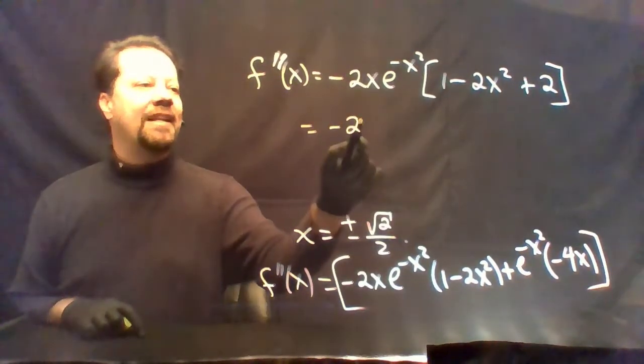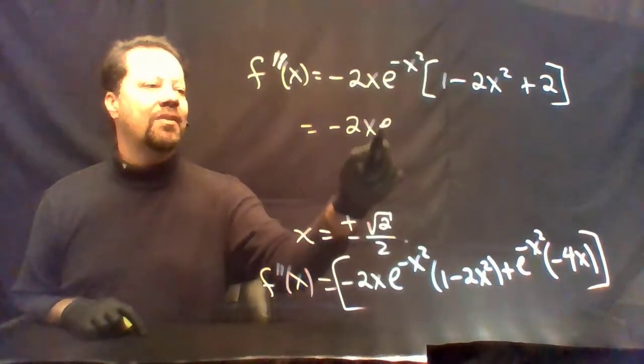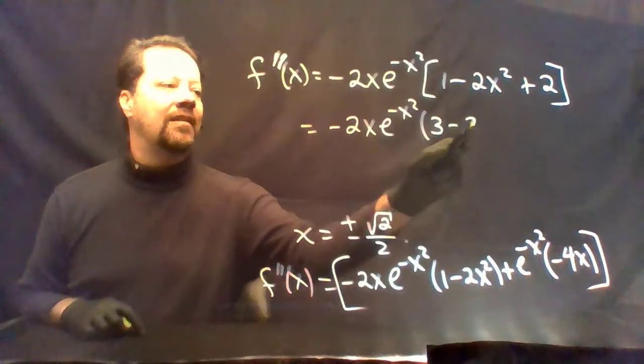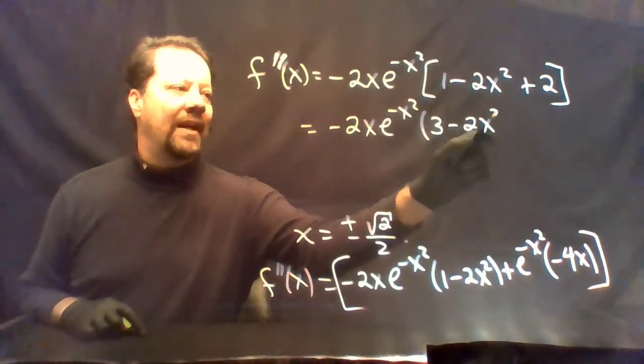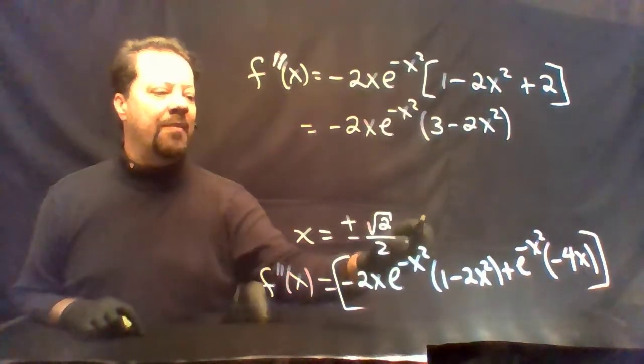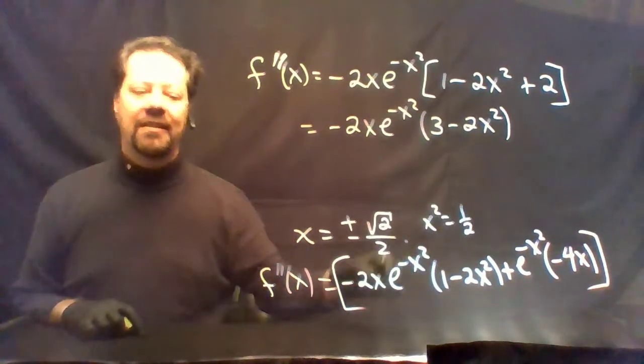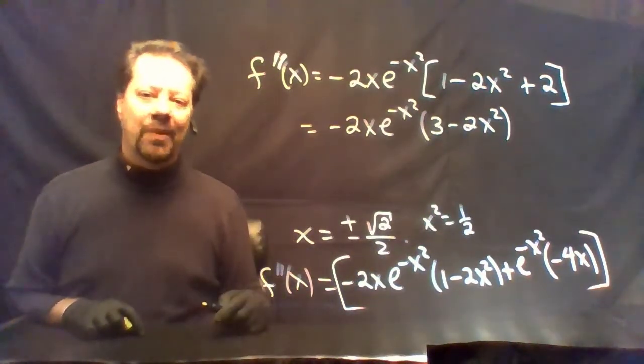And so we have negative 2x e to the minus x squared times 3 minus 2x squared. Remember, x squared will be 1/2 for these two critical points.